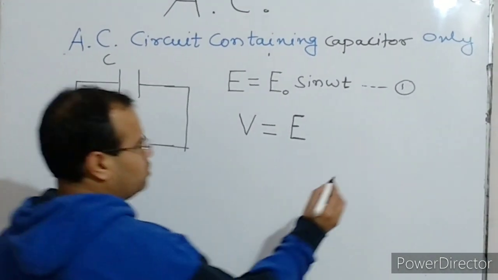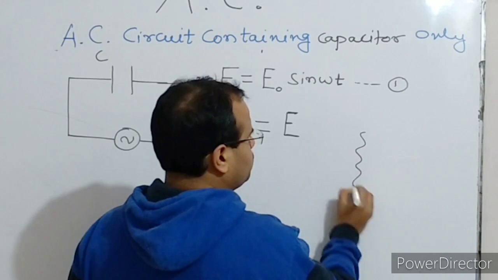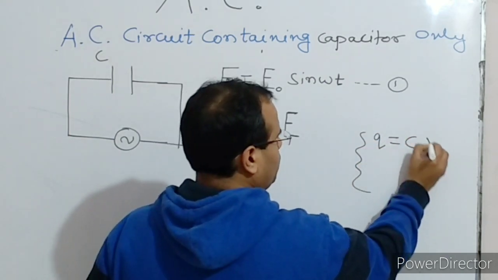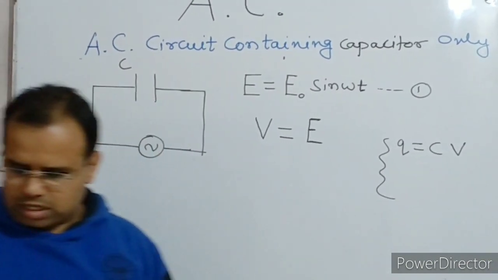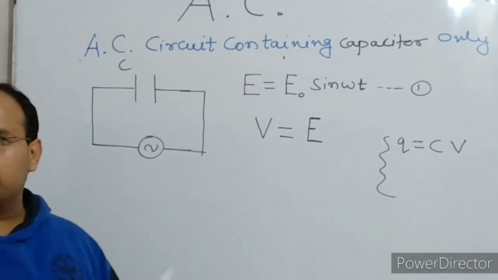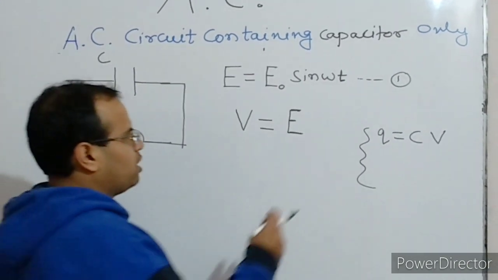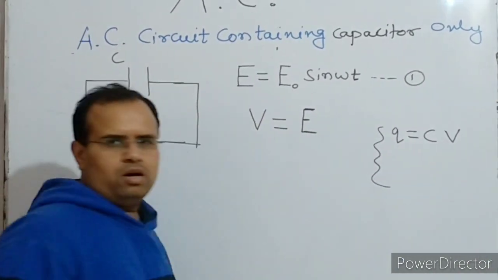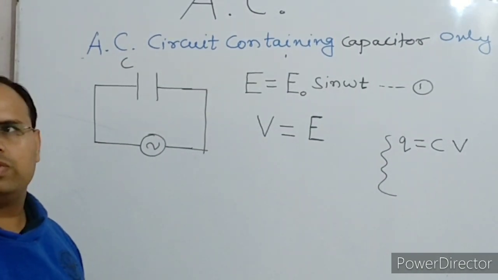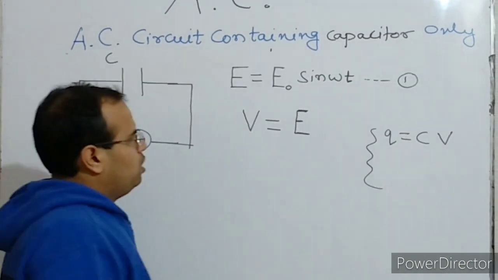Now let us try to understand this. We know that across the ends of the capacitor, anywhere in between when the capacitor is charged, you can write that Q is equal to CV. The charge is equal to capacitance into potential difference.